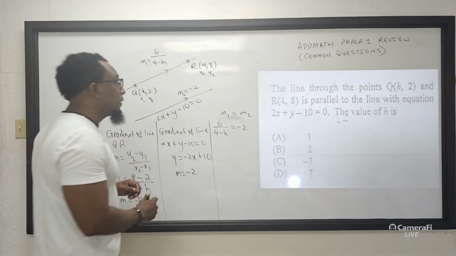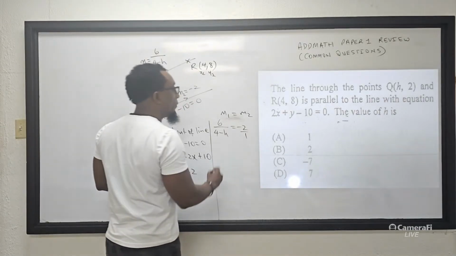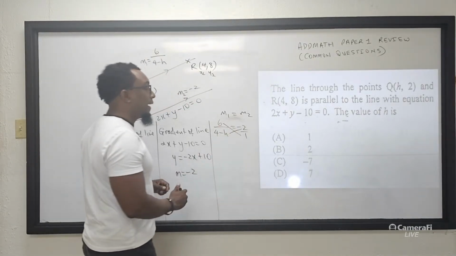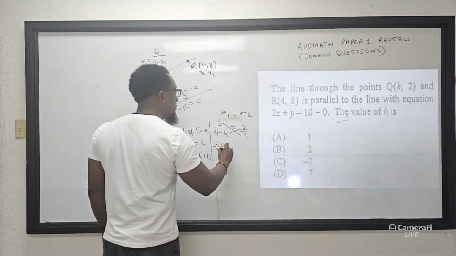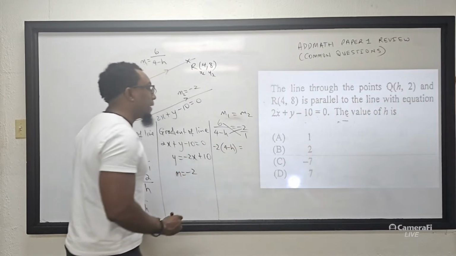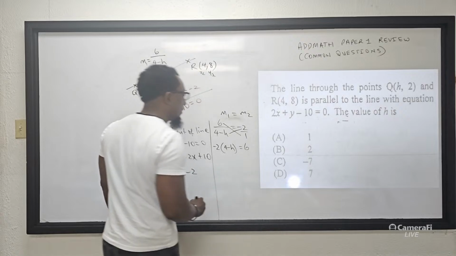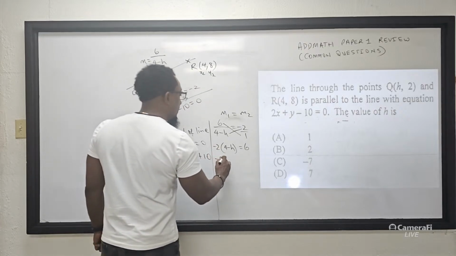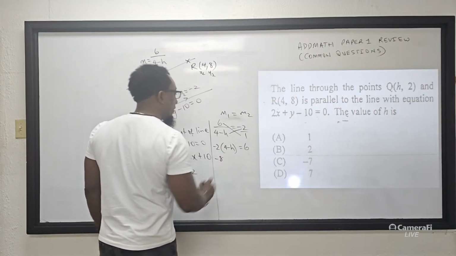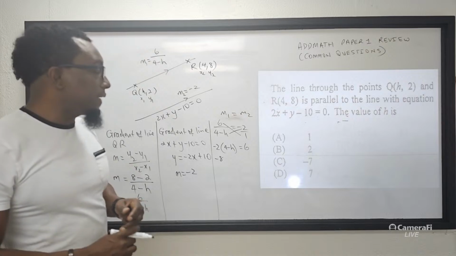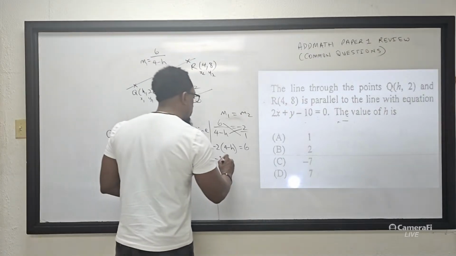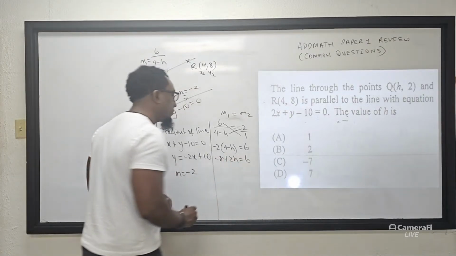So what am I going to do here? I'm going to put negative 2 over 1. I'm going to cross multiply. This is negative 2 times 4 minus h in brackets. 6 by 1 is 6. So negative 2 by 4 is negative 8. Negative 2 by negative h is plus 2h is equal to 6.